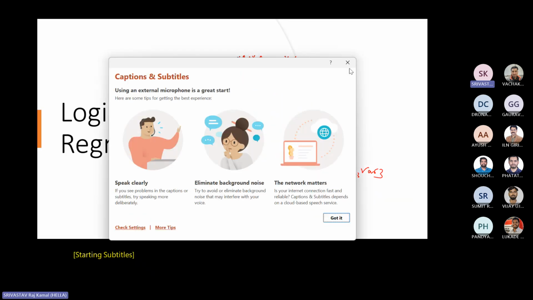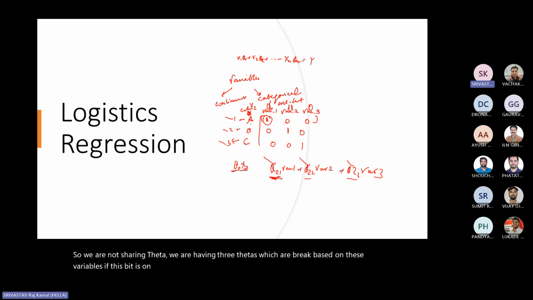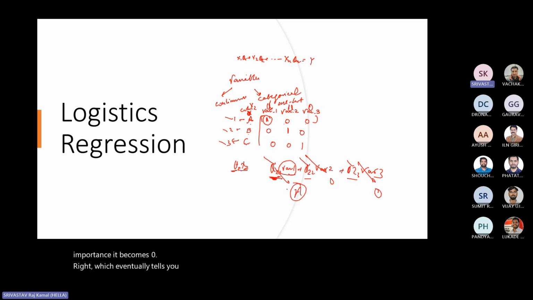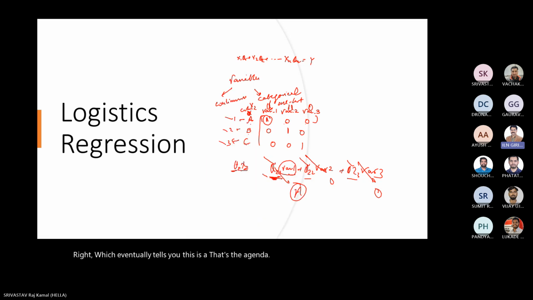Did you get my point? We are not sharing theta. We are having three thetas, based on these variables. If this bit is on, it means theta 2 1 has the importance here, so variable one has the importance, and the others become 0, which eventually tells you this is A. That's the idea. Okay. It means the characters may still have higher influence, but we are giving a numerical form in such a way that the algorithm will not be biased.